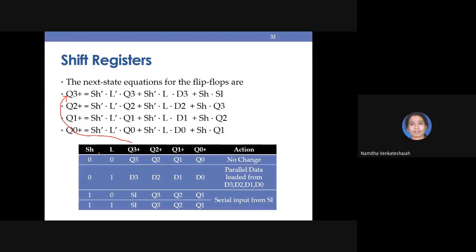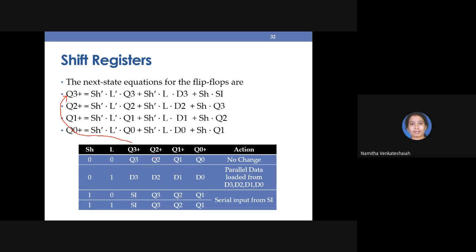Q3 plus is SH' AND L' AND Q3, plus SH' AND L AND D3, plus SH AND L' AND SI. Here we need not consider L, because if you combine these two, you will get SH AND SI only. Similarly, we obtain the equation by ANDing each expression and ORing them together.